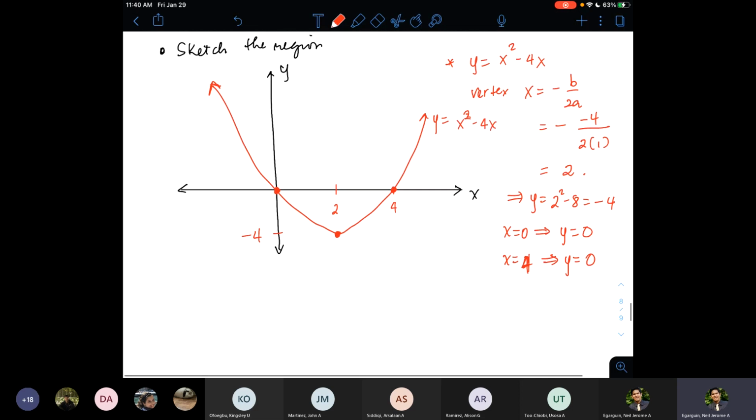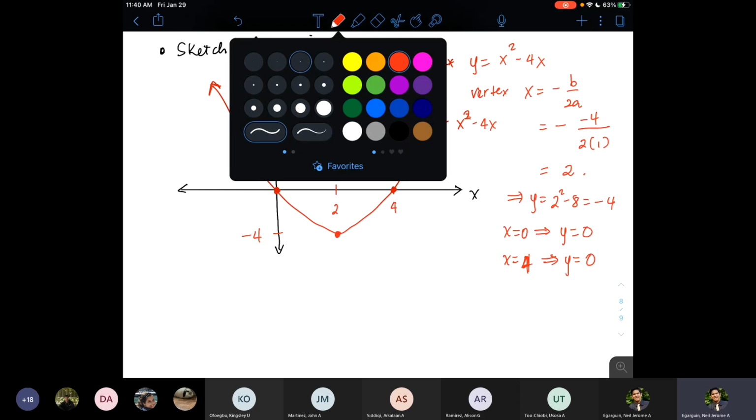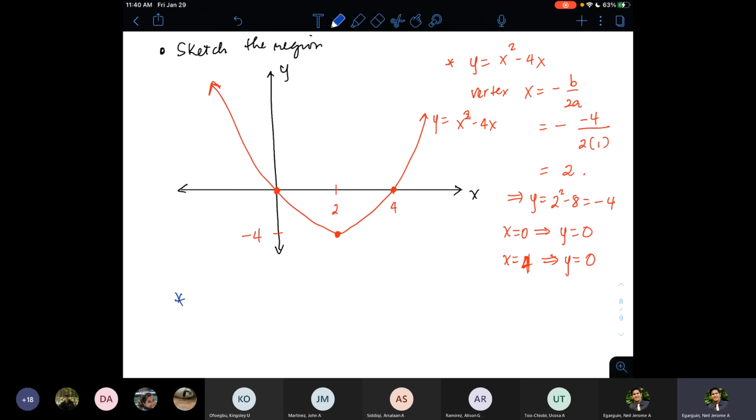And then for the line, I'll just need 2 points. So the second function is y equals negative x plus 4. Any 2 points will do. Say x equals 0. That will give me y equals 4. That means here x equals 0, y equals 4.